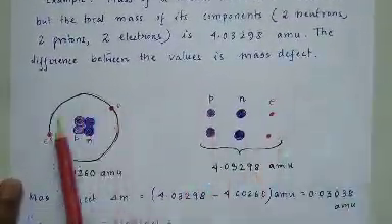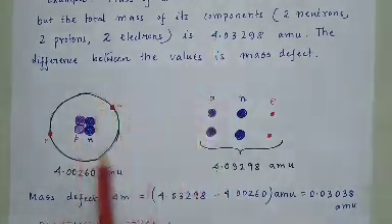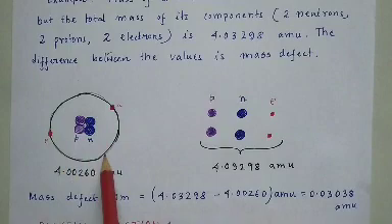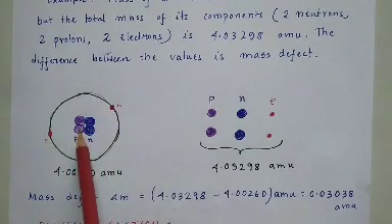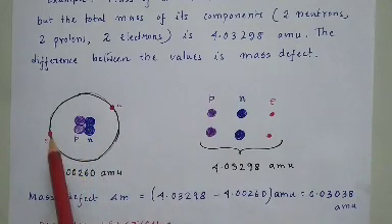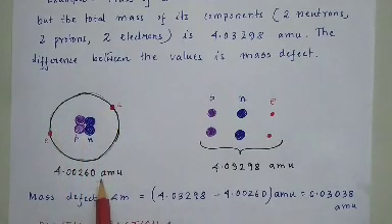Okay, so here we have the diagram. We are showing this thing as a diagram. So as per this diagram you can see that this is the helium atom with 2 protons and 2 neutrons in the nucleus and 2 electrons revolving around the nucleus, and the actual mass of the helium atom is this.